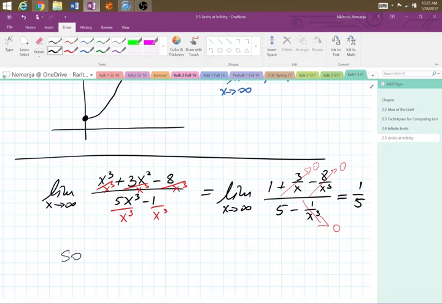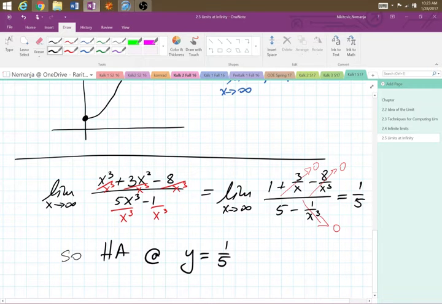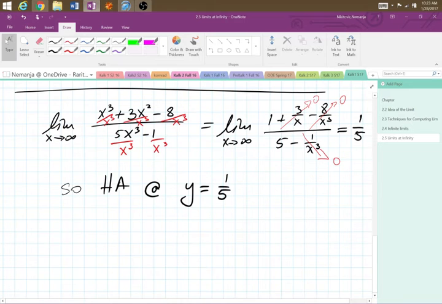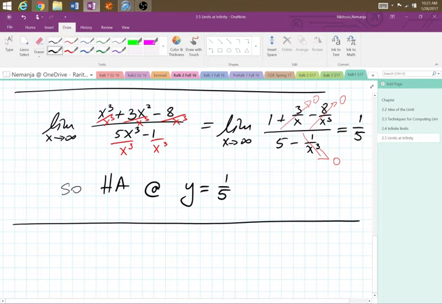So horizontal asymptote at y equals 1/5. Again, don't write "y equals 1/5" as the limit. That makes no sense. Y equals 1/5 is an equation. So the answer to that should be the limit as x approaches infinity equals 1 over 5.